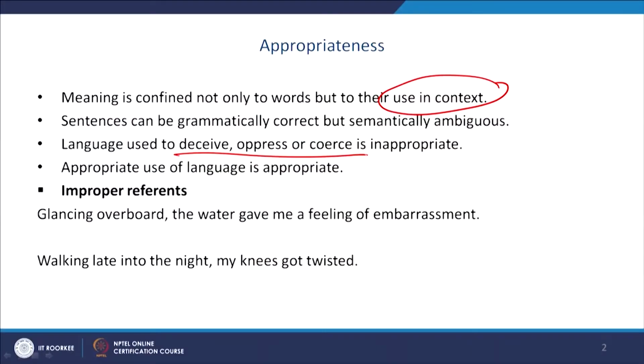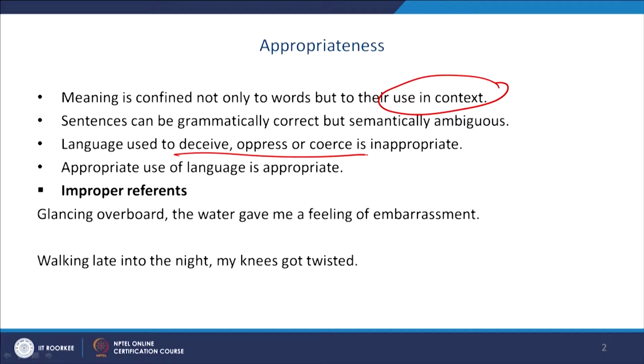For that also you are making use of language, but in order to serve your desired purpose, you have to use words in such a manner that they must appear correct, but at the same time they must also serve your purpose. Appropriate use of language is only appropriate when it meets the desired use.